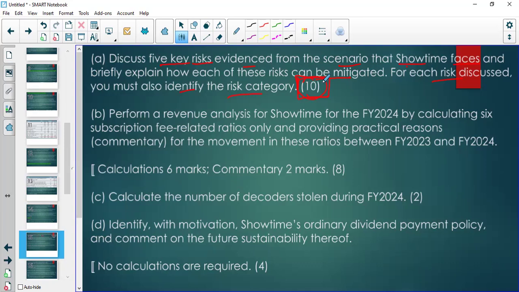There's no right answer or wrong answer. It's about how you formulate your answer. The lecturers might provide what they think are the key risks, maybe 10 or more, and then they will accept whatever else the student provides, which is reasonable. So you need to take these questions very seriously.